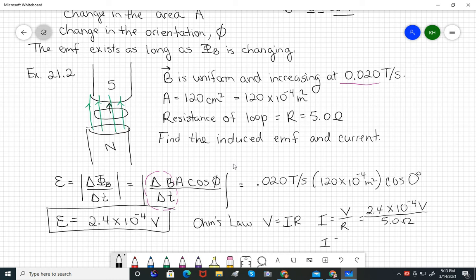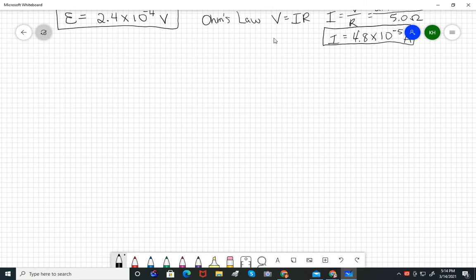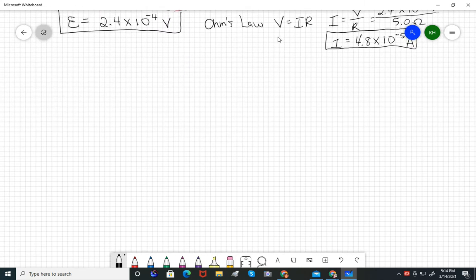And my current comes out to be 4.8 times 10 to the negative 5 amps. That's a pretty straightforward problem, but it's really crucial that when you read the problem, you determine what is changing. In this case, it's the magnetic field strength that's changing. Let's do another one so we can look at something else changing.